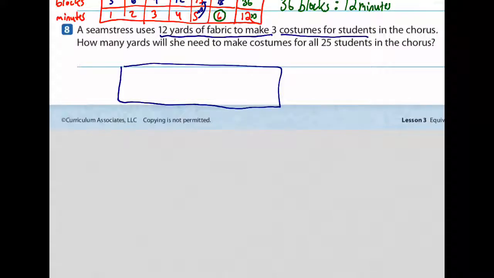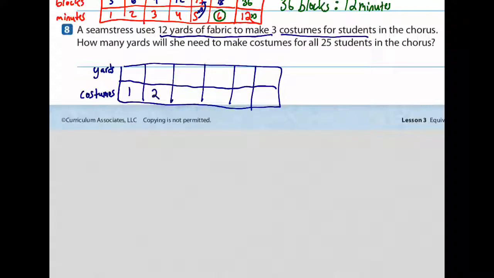All right, so I'm going to do yards on top, and I'm going to do the number of costumes. So I'll split it into some sections. Remember, I can add as many of these sections for my table as I want later on. So 12 yards for 3 costumes. So this would be 1, 2, 3, 4, 5, 6 costumes.